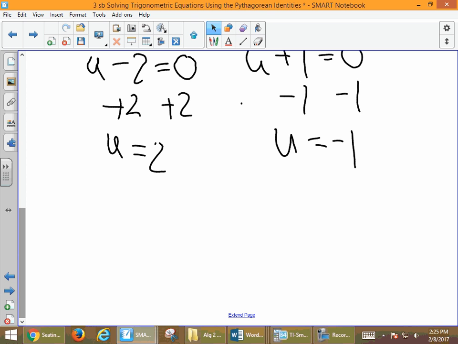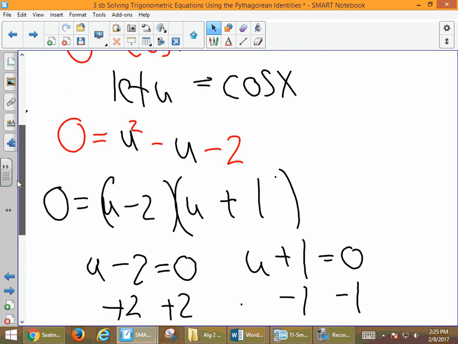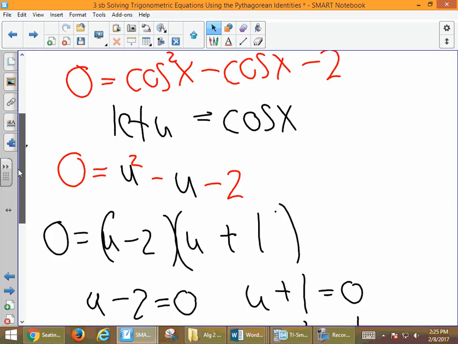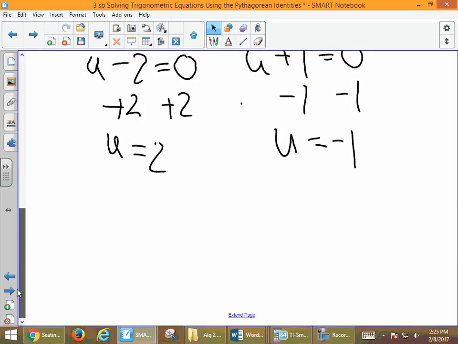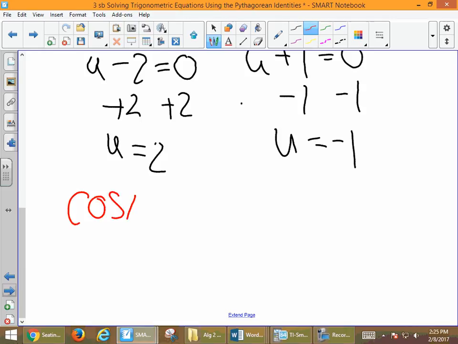Now that we have u by itself, we see what we made u at the very beginning. We said u was cosine of x. So now when we see u, we replace it back with cosine of x. We now have cosine of x equals 2, and cosine of x equals -1.